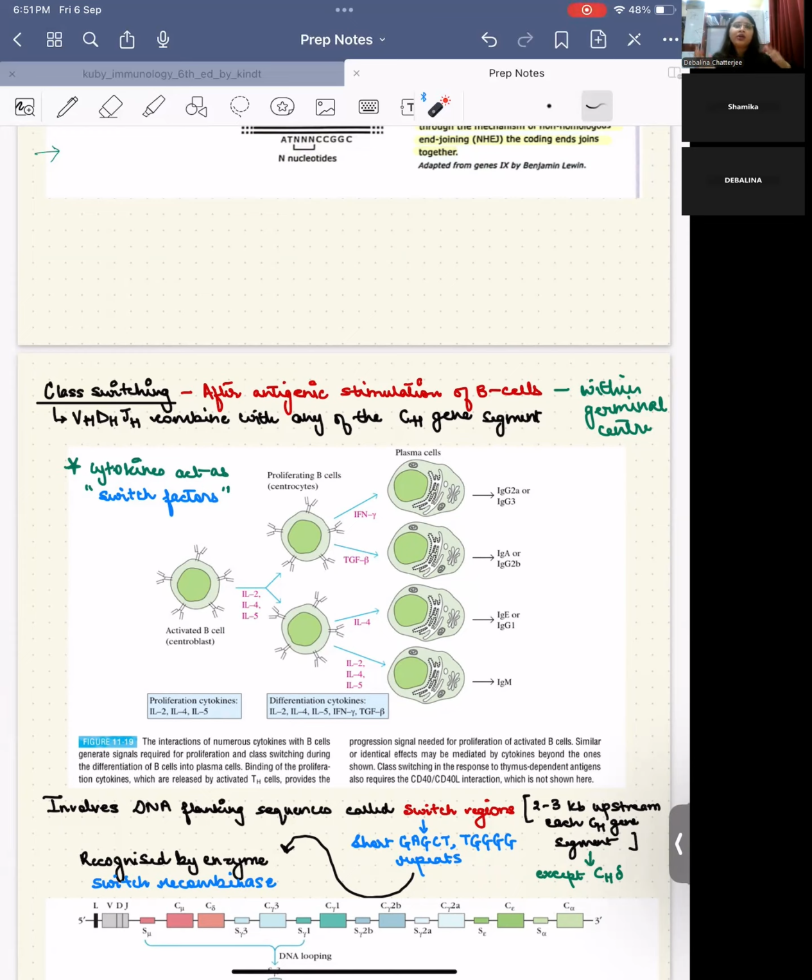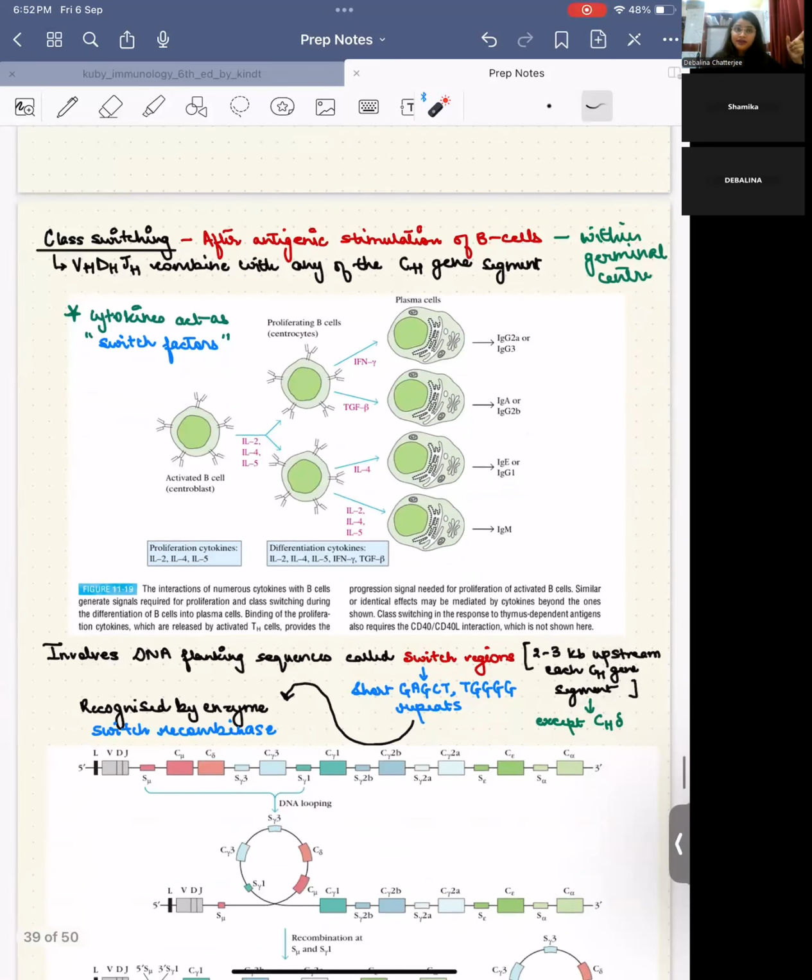So VDJ recombination is happening in the variable region of your light as well as the heavy chain, respectively. But the heavy chain constant region can also have some sort of recombination happening, some RNA splicing happening. So they have the same VDJ commitment, but the constant region is different.